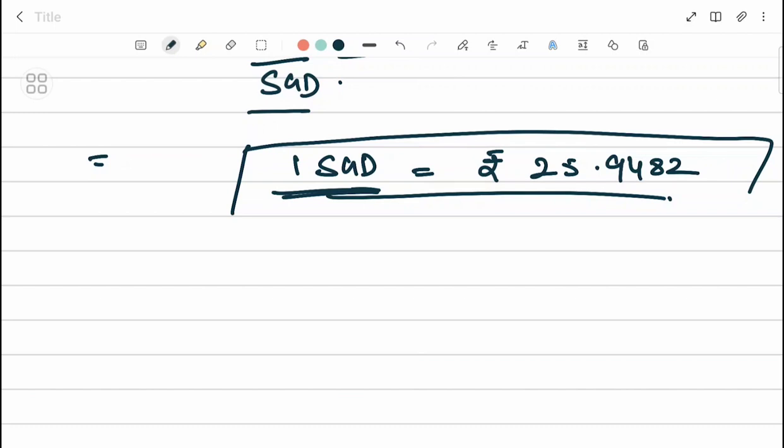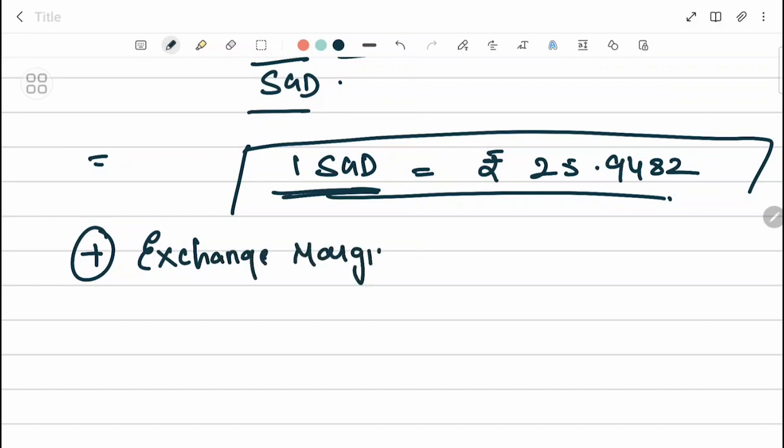In case the bank buys, it buys at a lower price, the lower quote, that is the bid rate, but it has to pay even lower than that, so the margin is deducted. In case of sell, the margin is added because the bank wants to get higher profit. So this is your quotation, but on this also the bank wants more profit, the exchange margin. So add the exchange margin because it's the sell rate.